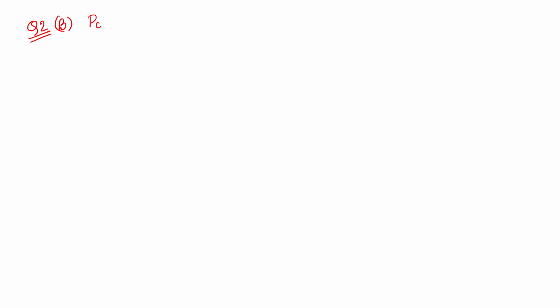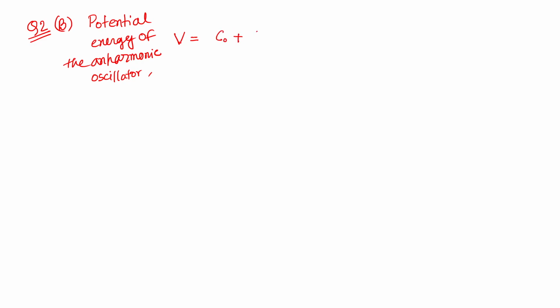So the potential energy of the anharmonic oscillator V can be written as C0 plus C1x plus C2x square plus C3x cube plus C4x to the power 4, and these will go on. This is the Taylor series expansion.